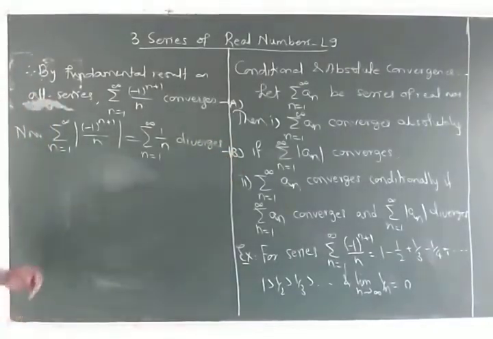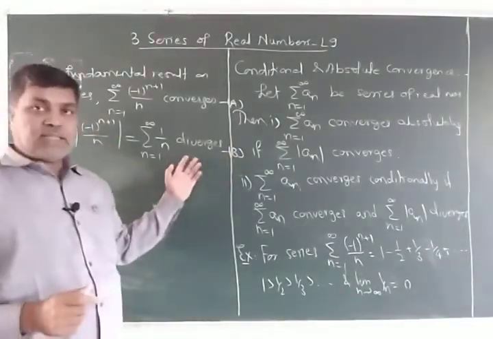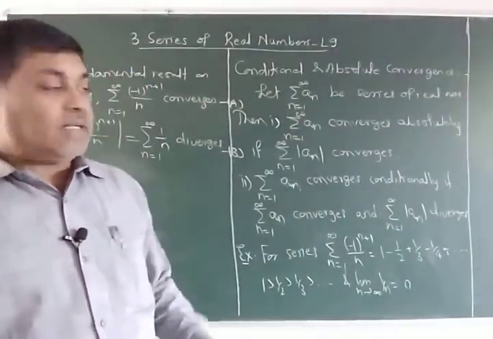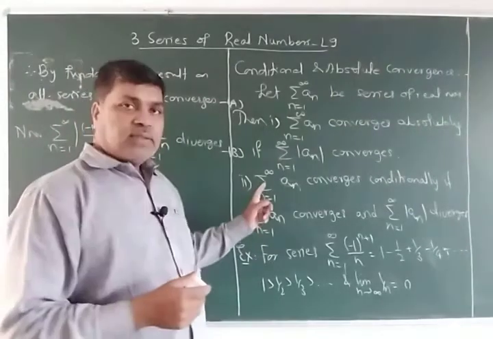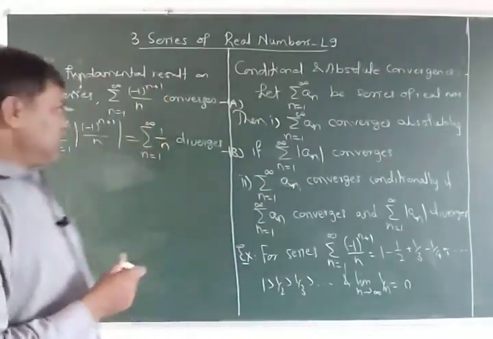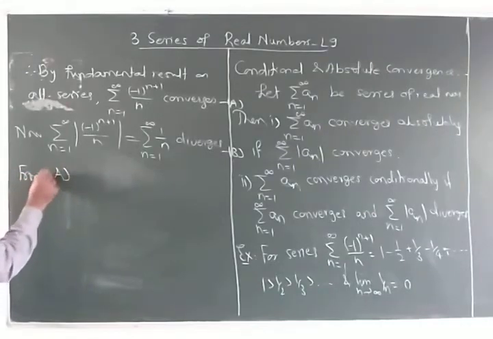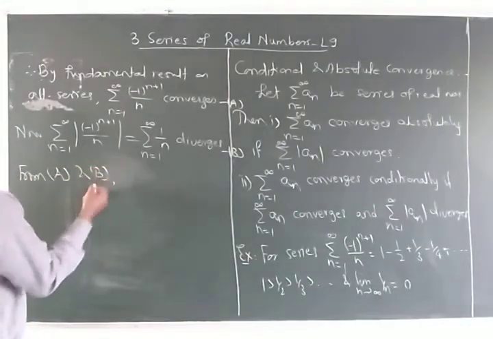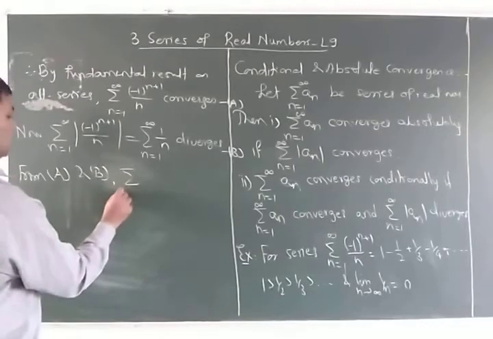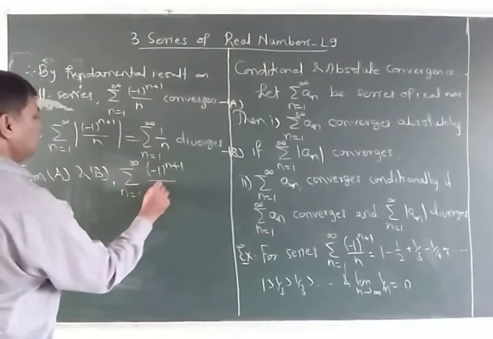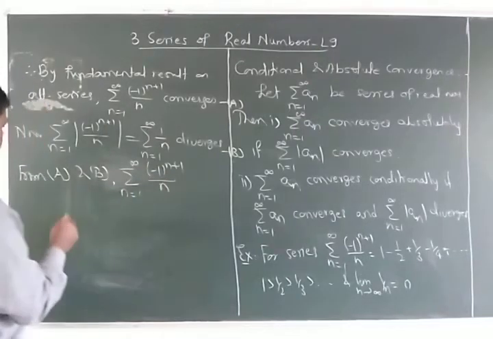So the given series is convergent, but its absolute value series diverges, and therefore by the definition of conditional convergence, from A and B, summation of n equal to 1 to infinity minus 1 raised to n plus 1 upon n converges conditionally.